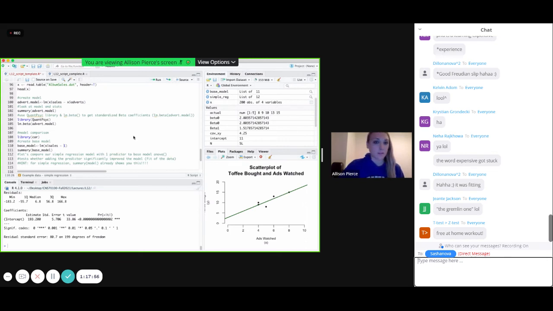So this comes from the predictor, right? Because remember, it's intercept plus slope times predictor, or times x. There is no x, so there's no slope because we're only using the mean.